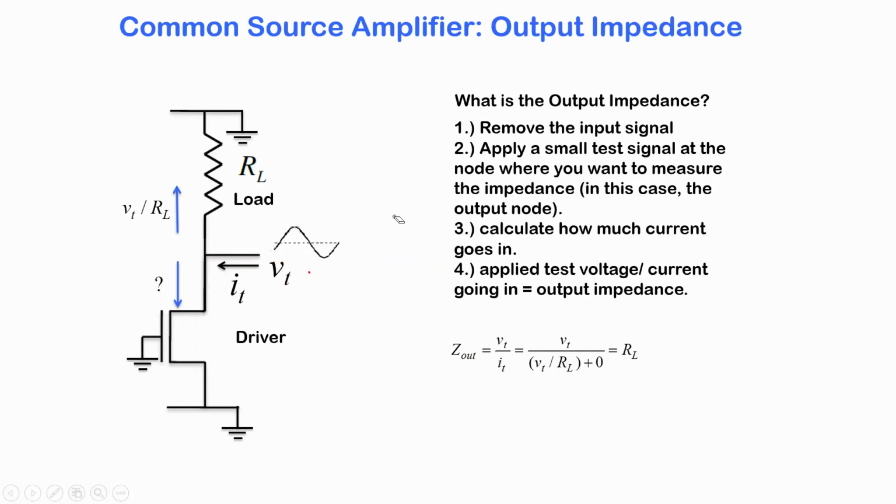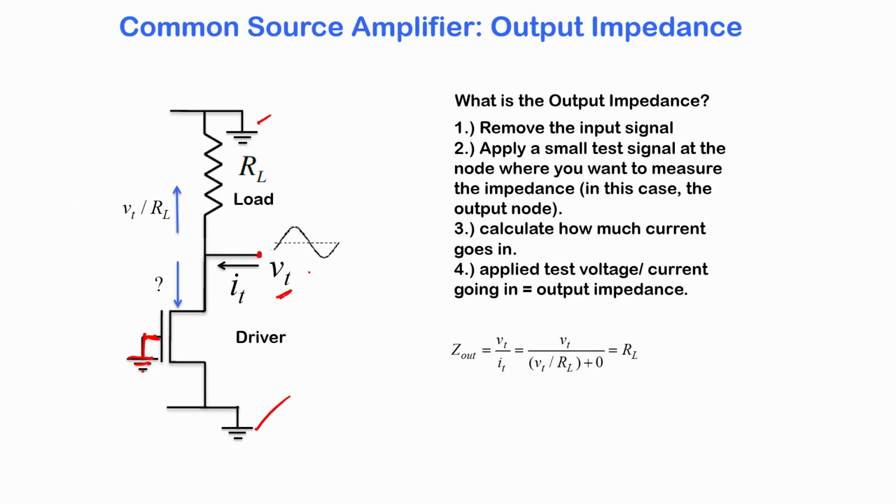In order to calculate the output impedance, we just get rid of all our input signals. Let us take the circuit alone separately. Let us say there is no small signal input being applied, so the input node is grounded, and the power line is grounded because we are doing AC analysis. We will apply an artificial test voltage here.